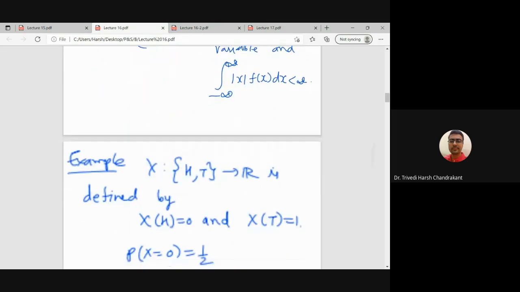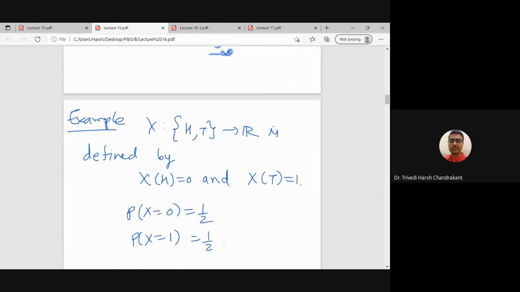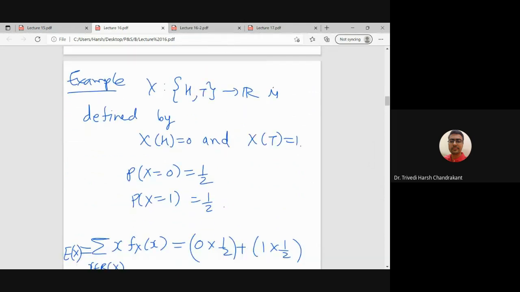So we found the expectation of different random variables in the last class, starting from the first example, which shows the relation between expectation and mean. The mean is the average of 0 and 1, that is half, and that comes out to be the expectation.